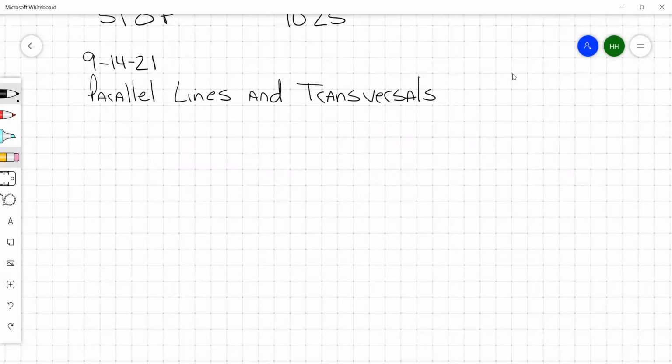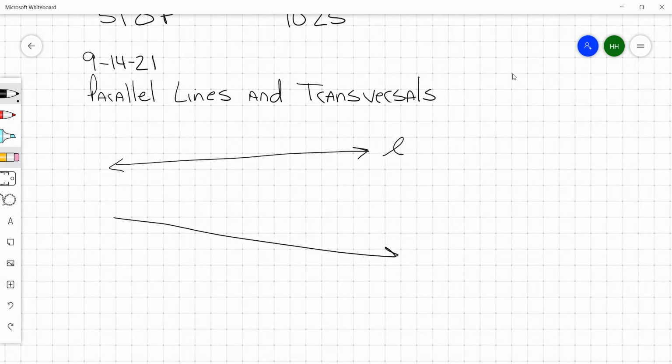So when any two lines, if this is line L and this is line M, when at least two lines are intersected by a third line, line L, line M intersected by line T, line T becomes a transversal.